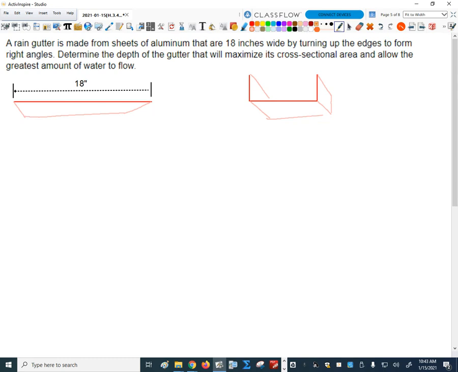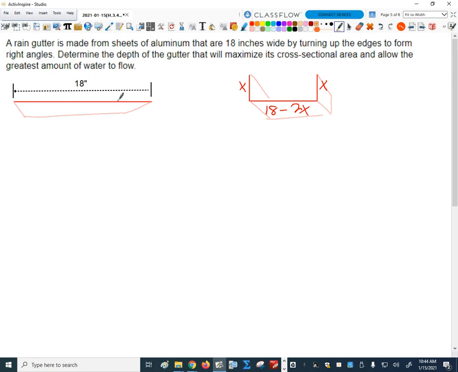Okay? Well, in order for us to do that, we're going to have to define some variable here. Let's let x be the height of the gutter. Everybody agree then if I make this dimension right here x, then that's also x, right? Well, if this whole thing is 18, what's the length of the bottom going to be? It's just 18 minus 2x, isn't it?